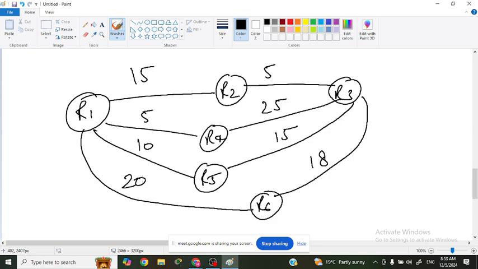Which second, R4 or R5 or R6? Why R5? You told me R5. The feasible successor is the second best path. So here, 10 plus 15 is 25. Remaining is 30, it is not. Then here 38, it is also not. So R5 is the second best path.